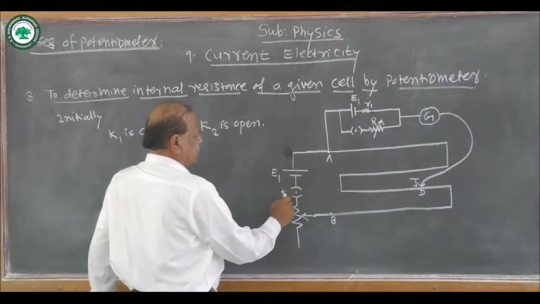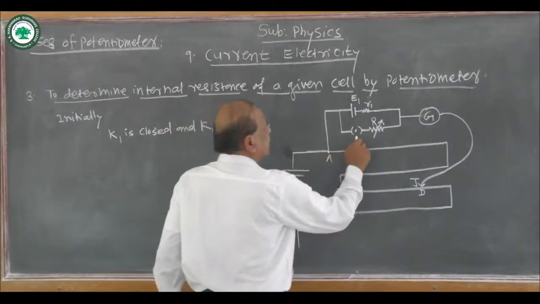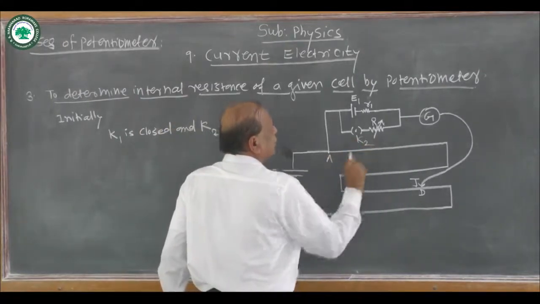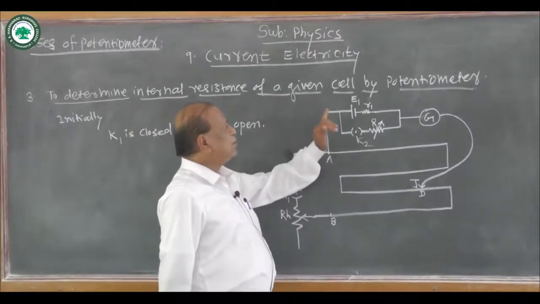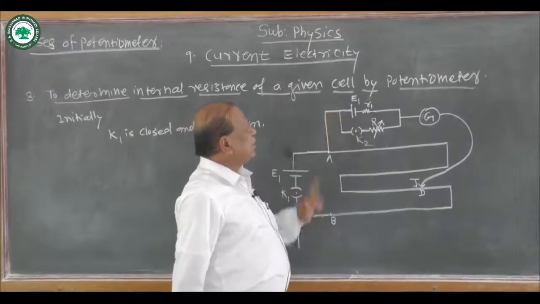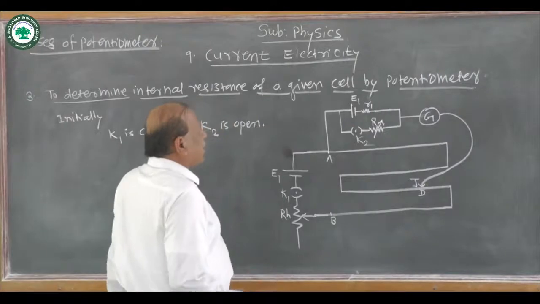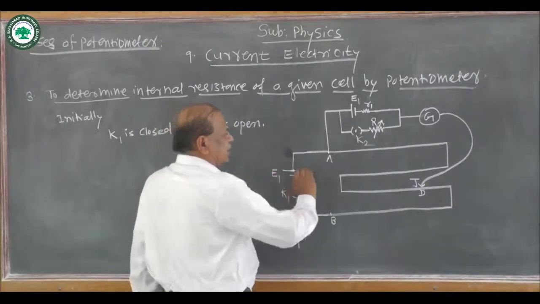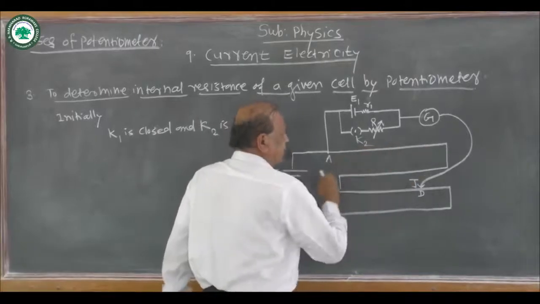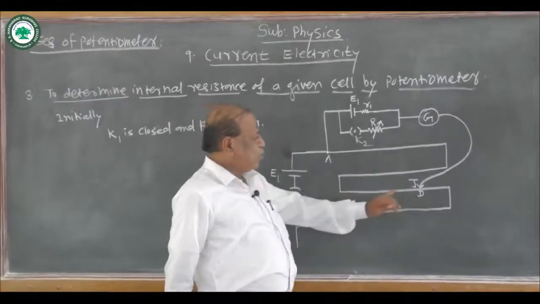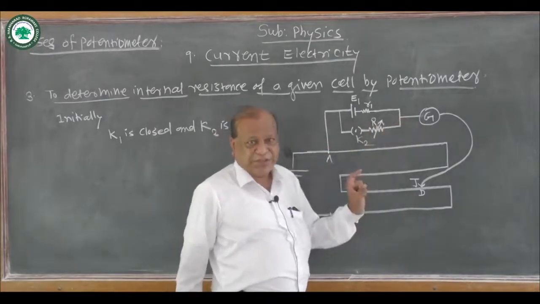Only this K1 is closed and this K2 is open, meaning only this cell E1 is in the circuit. Now, sliding the jockey or touching the jockey at different points, find the point D at which the galvanometer shows zero deflection.